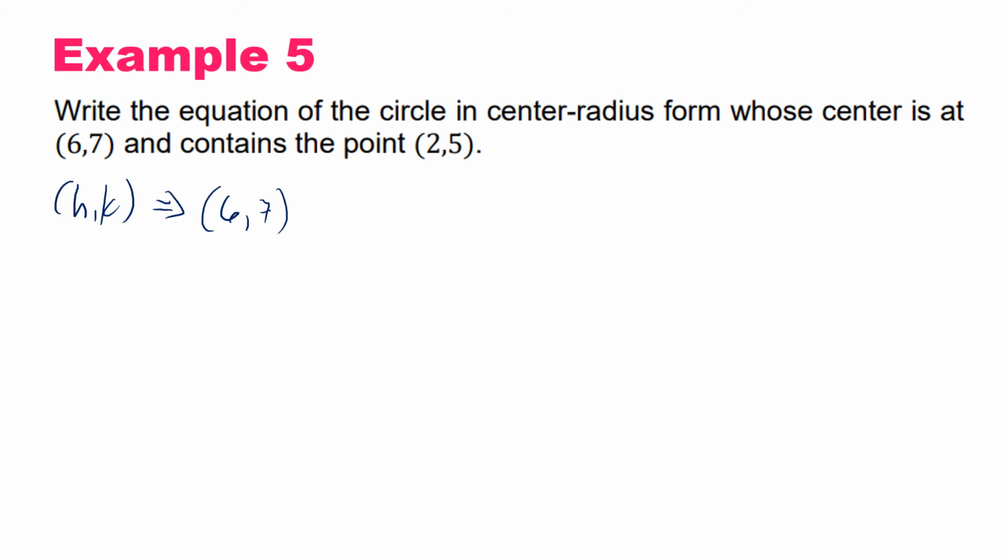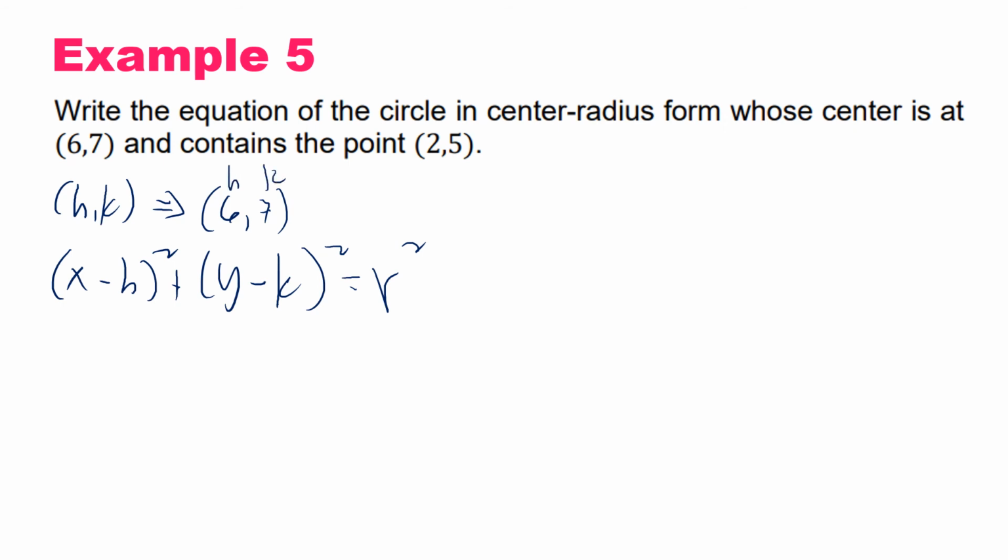So from this, we can actually use the form x minus h squared plus y minus k squared equals r squared. So in this case, we can easily substitute 6 and 7 to h and k. So you're given x minus 6 squared plus y minus 7 squared.